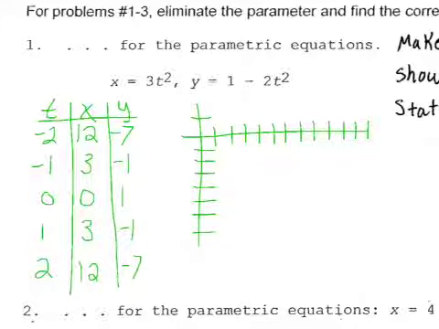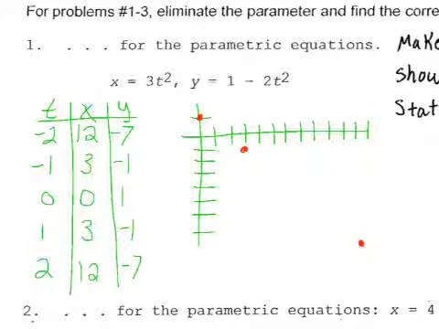So we have a point at 12, -7, so down here. We have a point at 3, -1. We have a point at 0, 1. And then we have the point at 3, -1 again. We repeat in 12, -7.